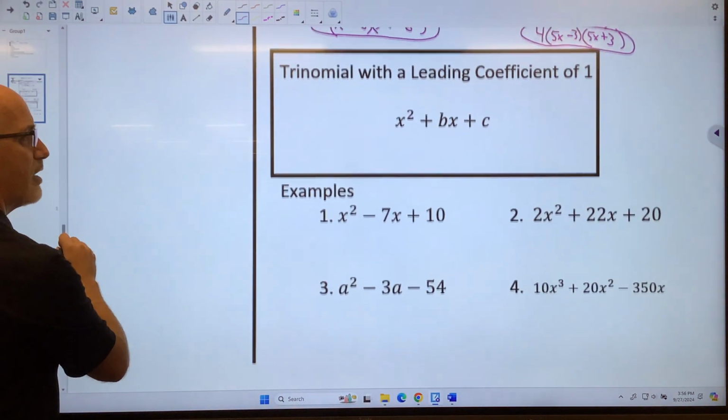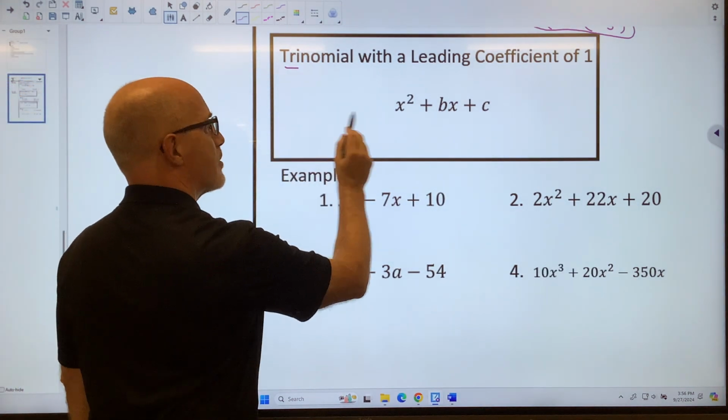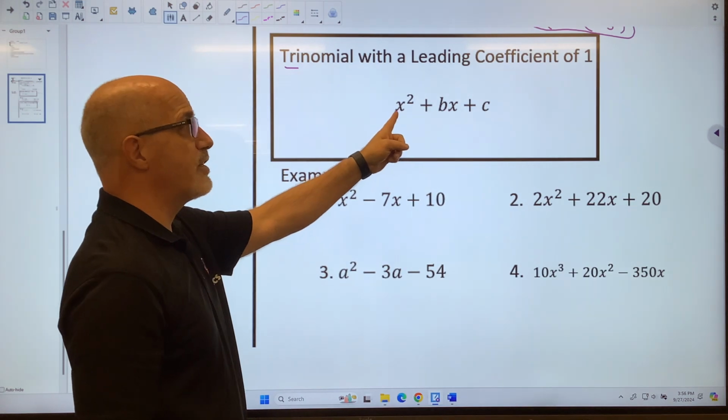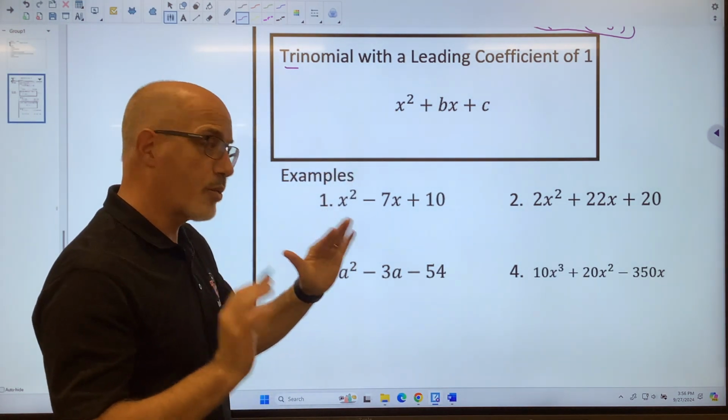All right, let's look at trinomials. Okay, so a trinomial, remember, has 3 terms. And so when we have a leading coefficient of 1, meaning that there's a 1 in front of the x squared, that's critical.